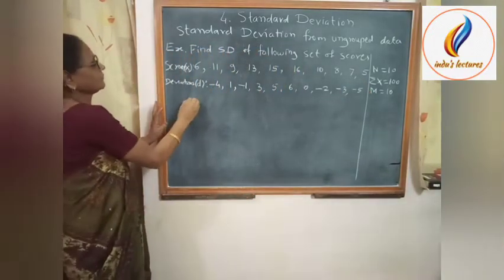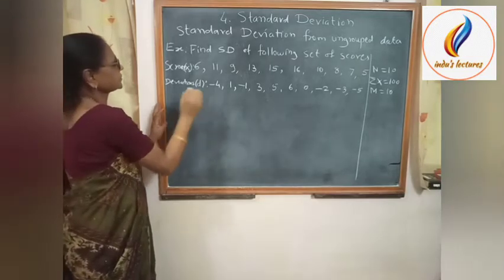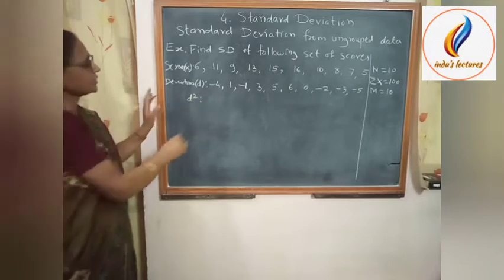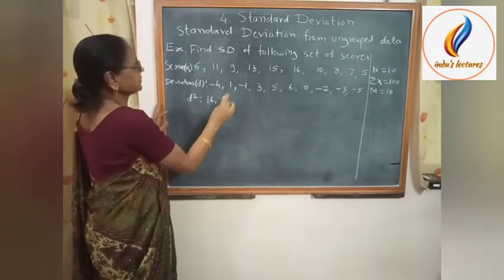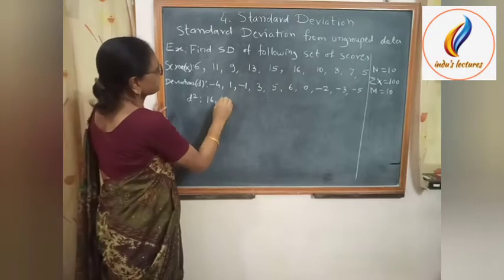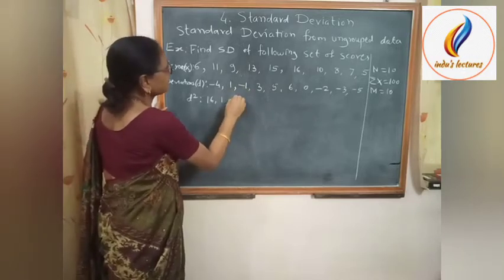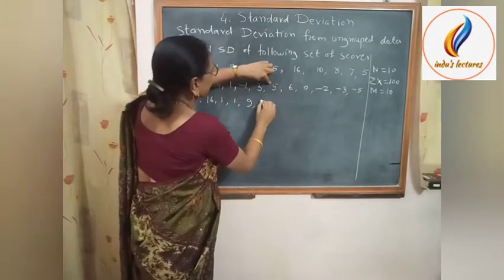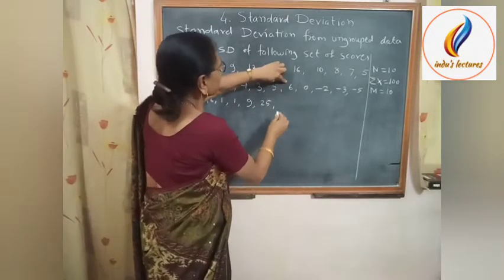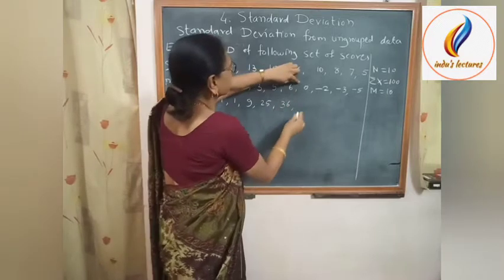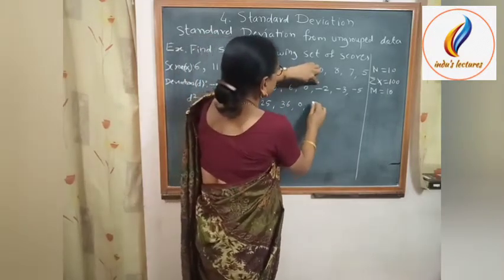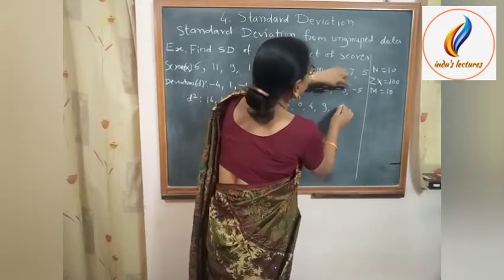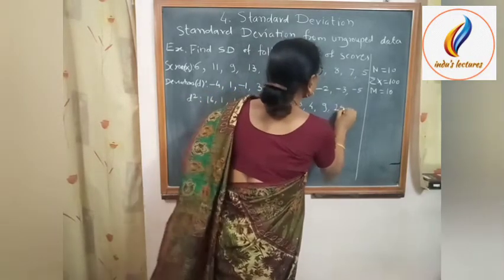Then find the squares of the deviations. The square of minus 4 is 16, the square of 1 is 1, minus 1 square is 1, the square of 3 is 9, of 5 is 25, of 6 is 36, then 0, the square of minus 2 is 4, of minus 3 is 9, and of minus 5 is 25.